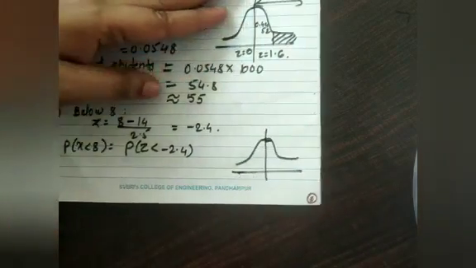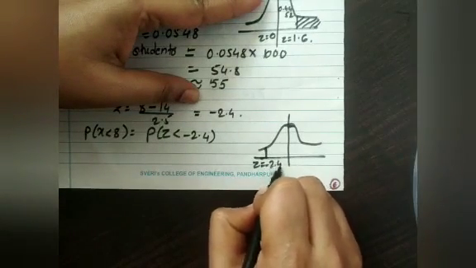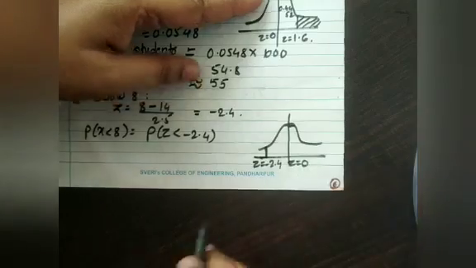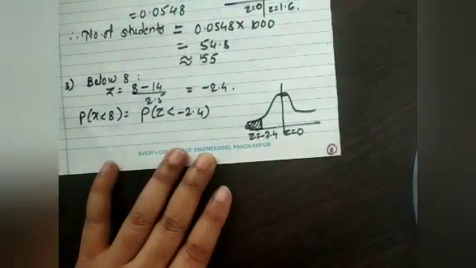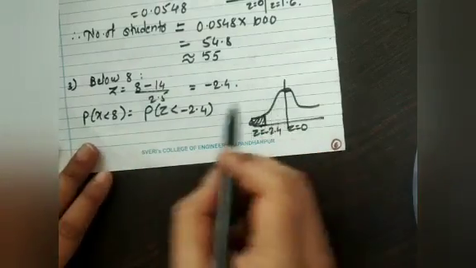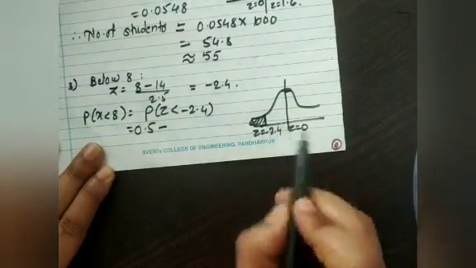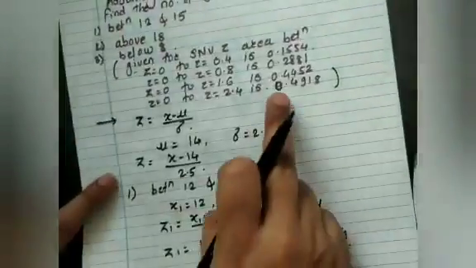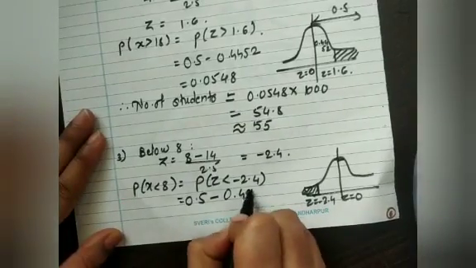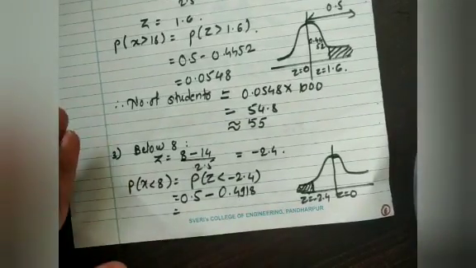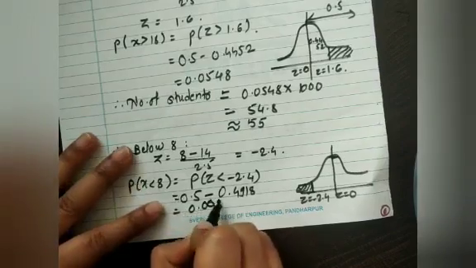So minus 2.4 is on this side, left hand side, here z is 0, and as it is less, it is on this side, and again total area is 0.5. 0.5 minus area between z is 0 to 2.4, that is 0.4918, that is equal to 0.0082.